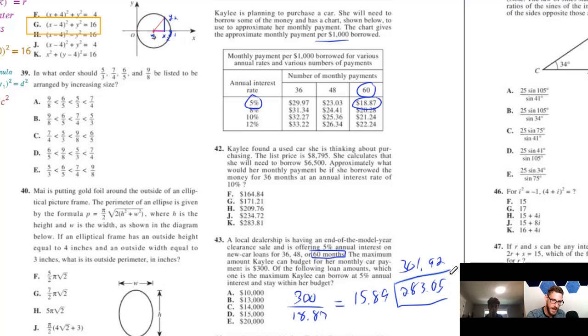So we can afford to pay this much, which is 15 times this amount, and that amount equates to $1,000. So that's $15,000. If we borrow $15,000, we'll be paying $18.87 a month 15 times, which is $283.05, which is the max we can hit and stay under budget.